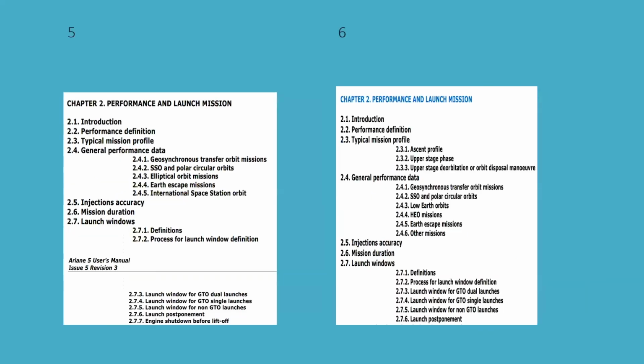And then if we look at the two menus closely, we can see chapter two are almost the same, with only a few new items added in the new version, that is for Ariane 6, right?